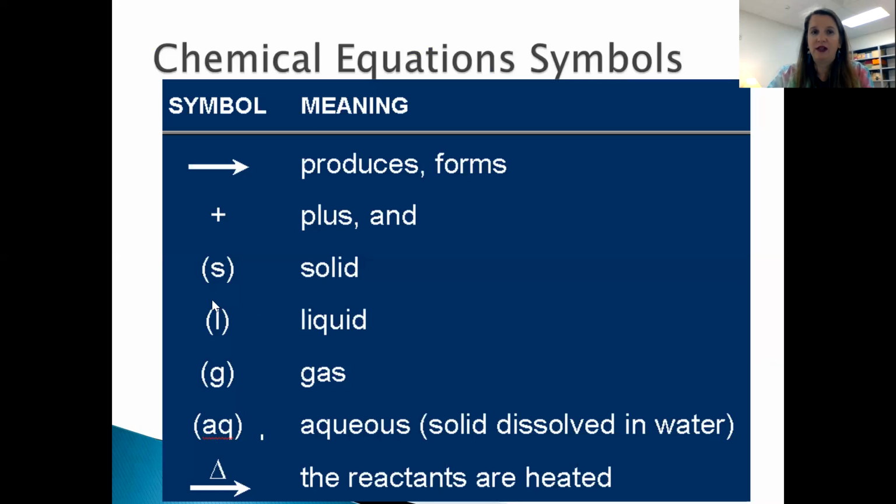So S is solid, L is liquid, G is gas. Those are self-explanatory. AQ means aqueous, which means it's been dissolved in water. We're going to talk more about aqueous substances when we talk about those solubility rules. If we're heating up our reactants, we're going to draw a triangle above our arrow to indicate that those reactants are heated.